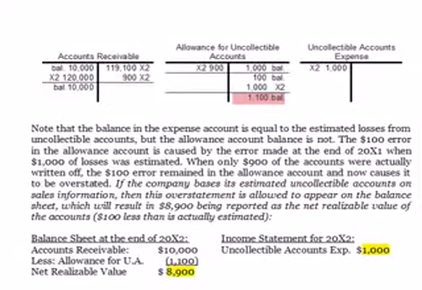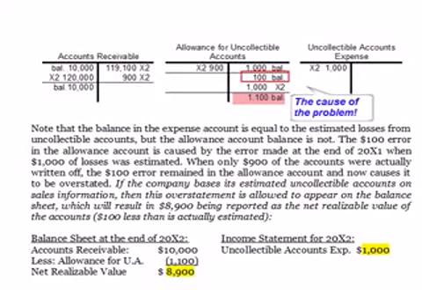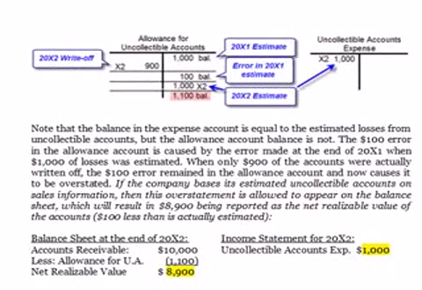This is happening because we had $100 left in the account prior to making this $1,000 entry. Where did it come from? Well, back on December 31st, 20x1, we estimated that $1,000 of accounts would be written off, but only $900 were. The remaining $100 in the account is the amount of the error in our previous estimate.